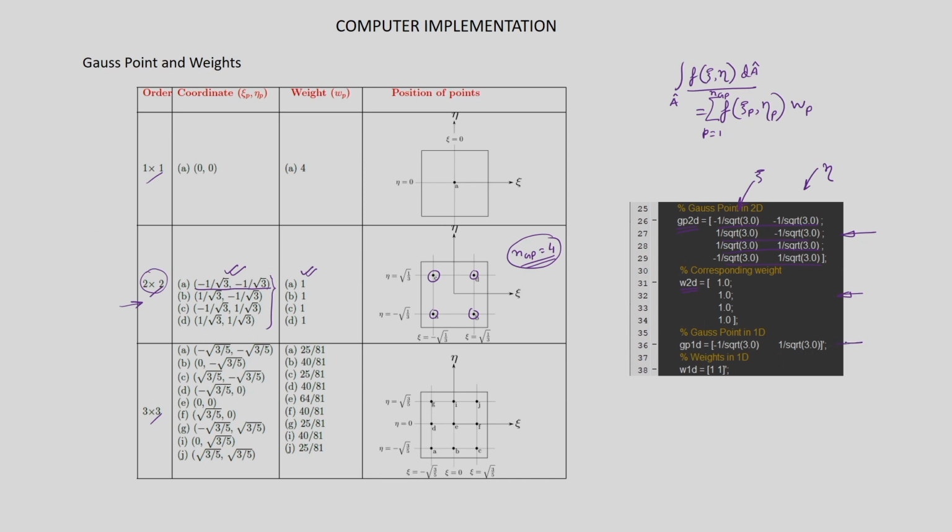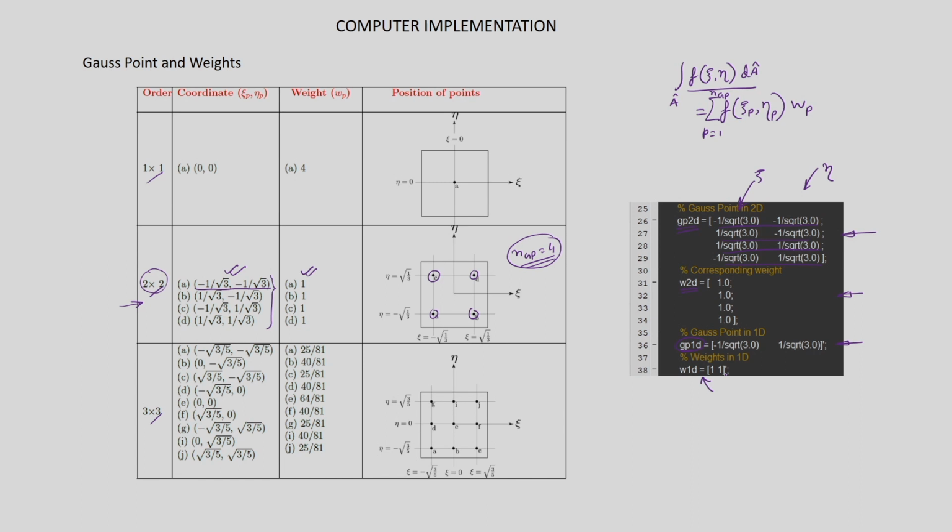So, we have stored the Gauss points in one dimension as GP1D, which is plus minus 1 by root 3, and the corresponding weight is W1D. That is how it is named, and it is stored in this set of matrices and vectors.